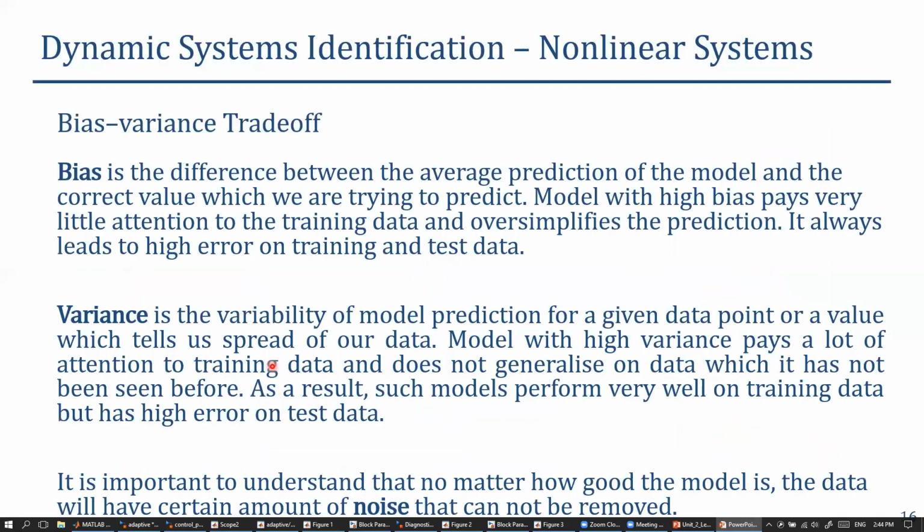Just a quick explanation: the bias tells us how well the model is able to predict the data, and the variance tells us the spread of the prediction, how spread out the data is.